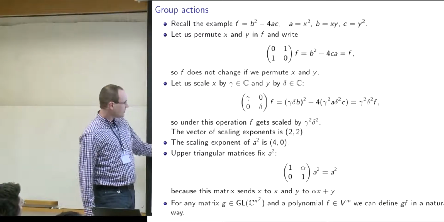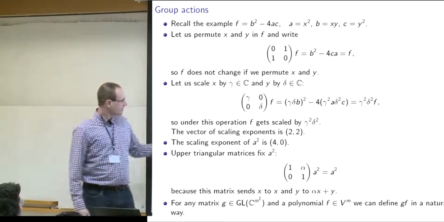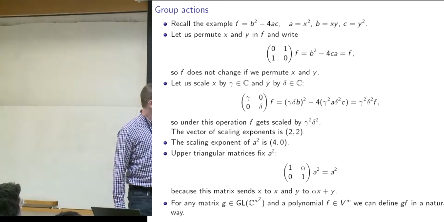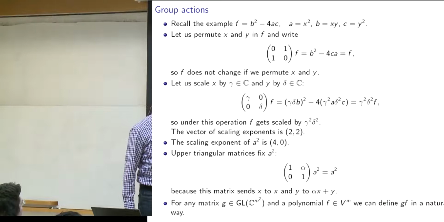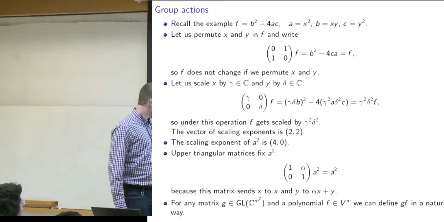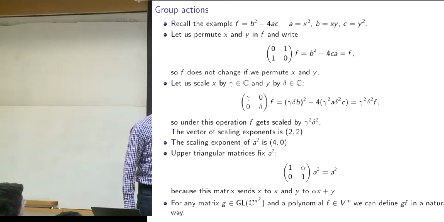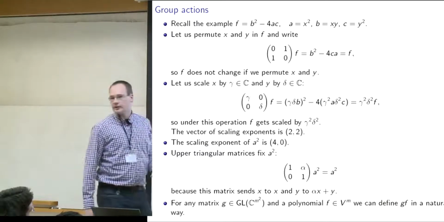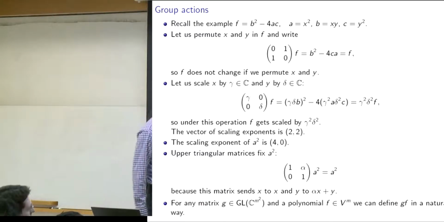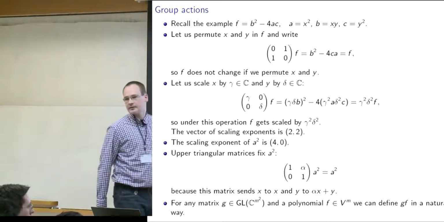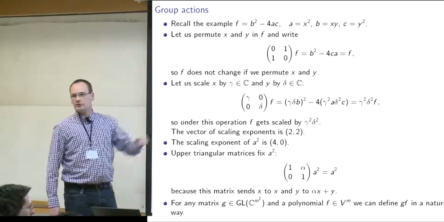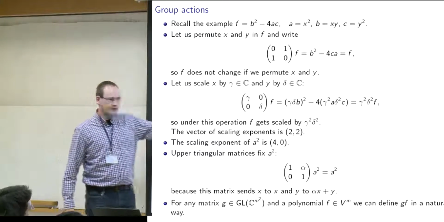And one more example is upper triangular matrices. If you act on this a squared with an upper triangular matrix, say it sends x to x and sends y to alpha x plus y, it doesn't change a squared, right? Because the a is just x squared, and x is sent to x, so an upper triangular matrix also fixes a squared in this case, right?